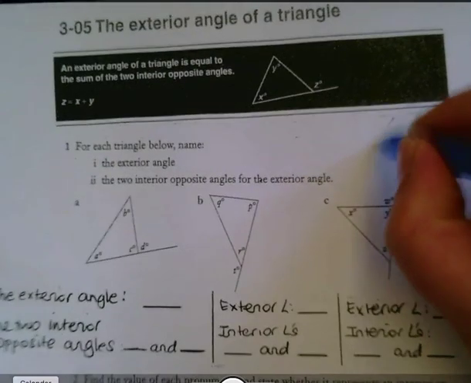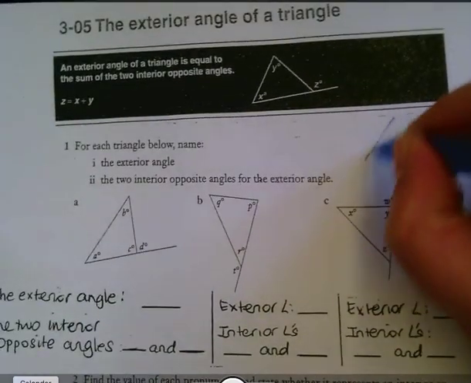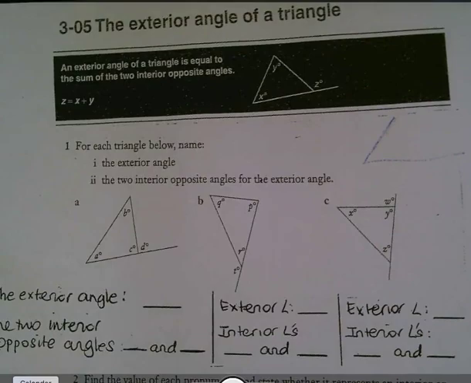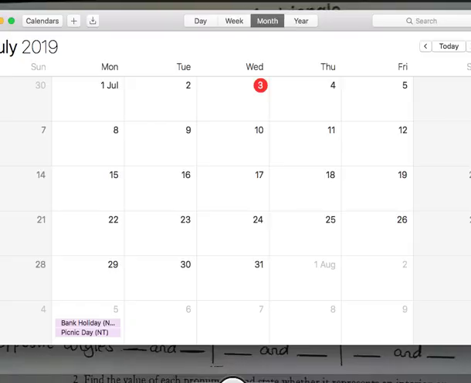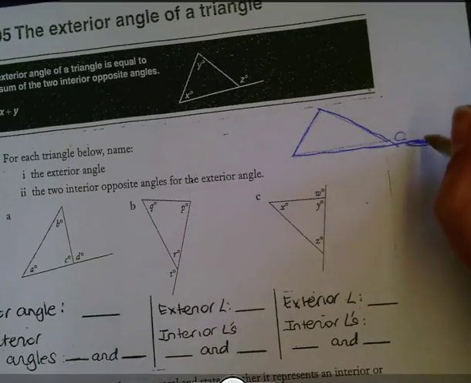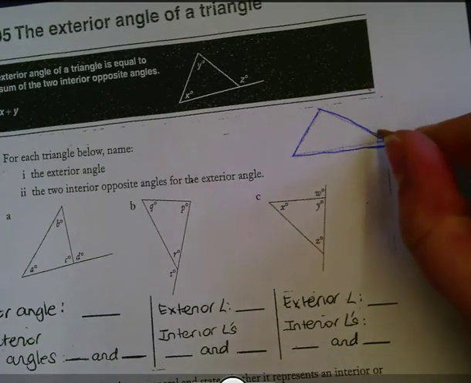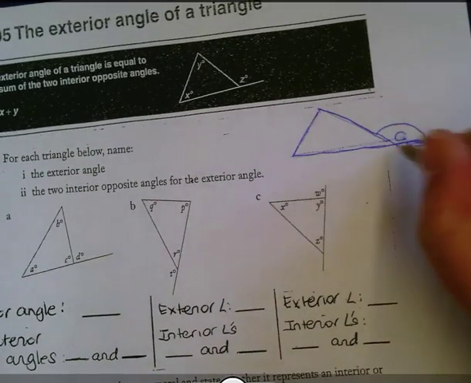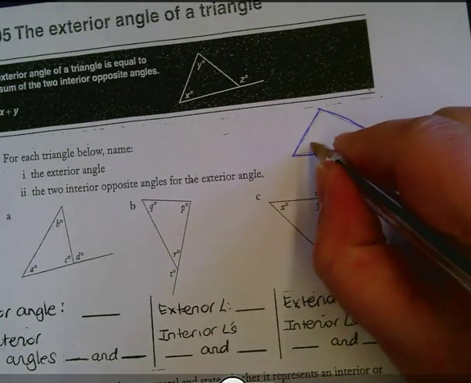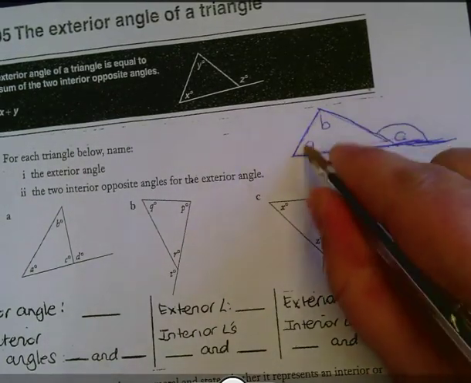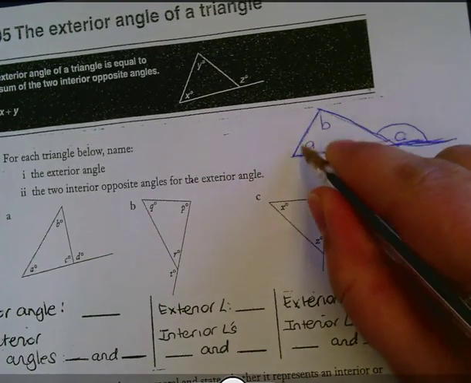Just drawing it again so it's a bit clearer for you. For example, if this is angle C out here, that's the exterior angle of the triangle. So when you draw a triangle and you extend one of the sides, it equals the sum of the two interior, which means inside, opposite angles.